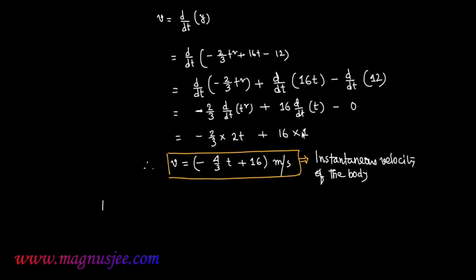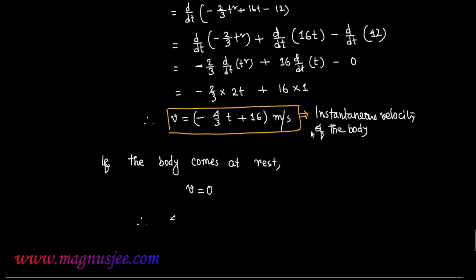If the body comes at rest, in that case the instantaneous velocity will be 0, v equals 0.